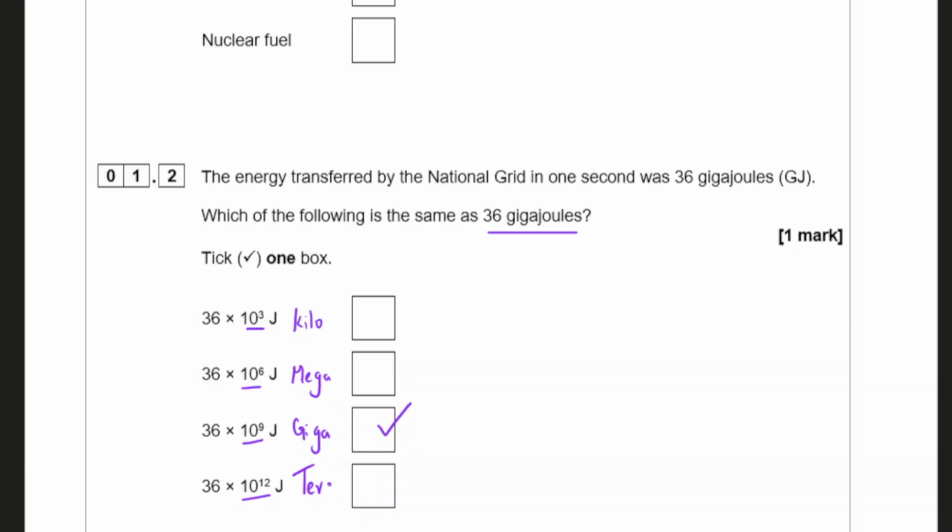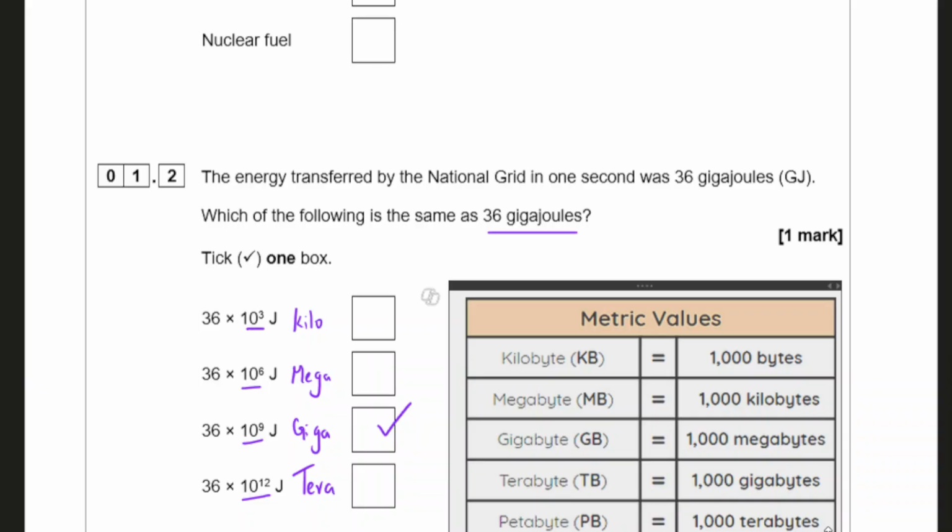Terabytes, or tera, right? So metric values, this will be useful to remember.